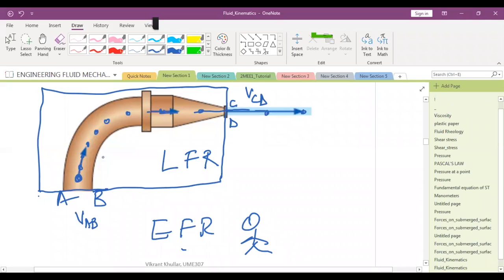What does that mean? There is a valve here and no one is fidgeting with this valve. It has only one position. So the change in the fluid's velocity, from VAB to VCD, why did it change? Because it has moved to a different location. Are you clear? Yes, sir. This point is fine.